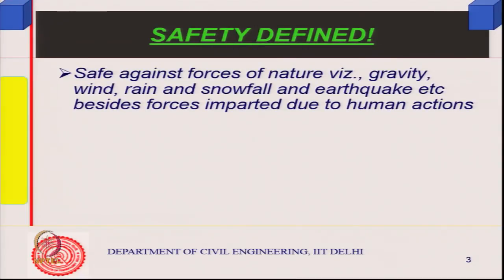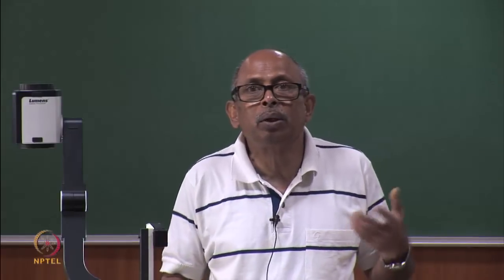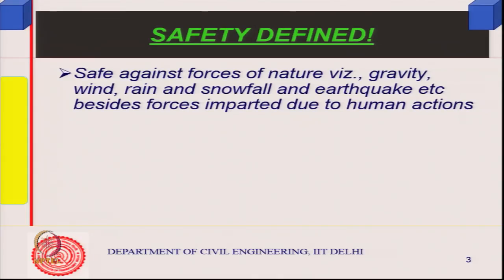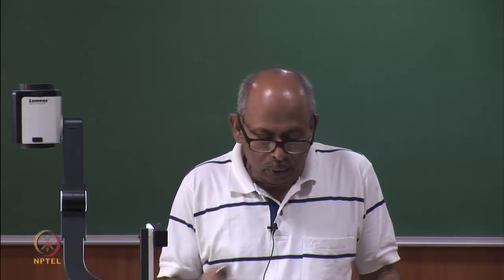Is it safe against all kinds of natural forces, such as gravity load? First of all, gravity, like if you have to stand somewhere, your own weight would be there. So, gravity load, snow load. Many of them are vertical loads, wind, rain, etc. Wind and earthquake also contribute to horizontal loading on the building, impacts and so on.